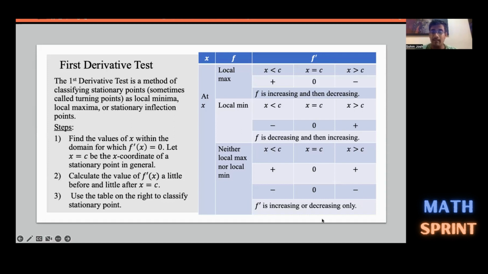So the table on the right basically shows the conditions for which a function f has a local minimum and a local maximum. You just note down this table or take a screenshot, and essentially you should be able to use this table as a guide to identify whether it's a local maximum or local minimum, depending on these conditions.